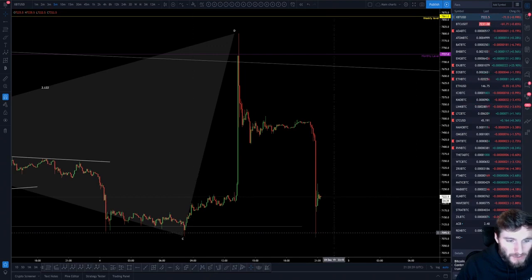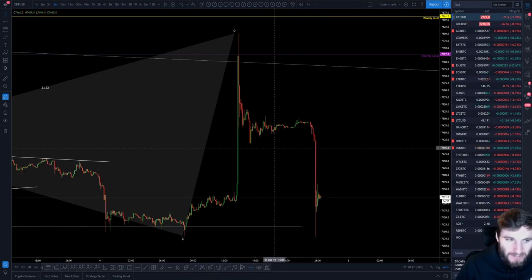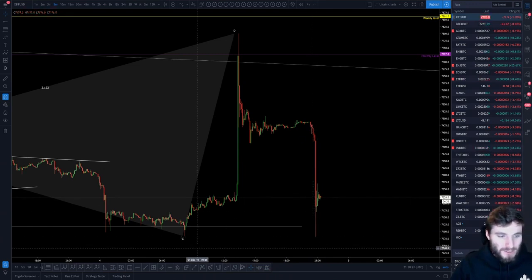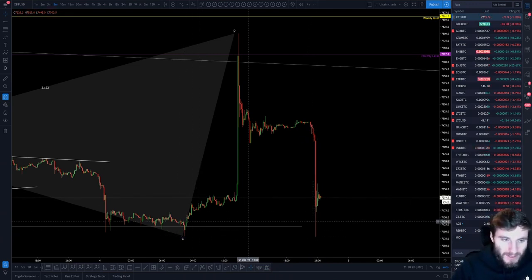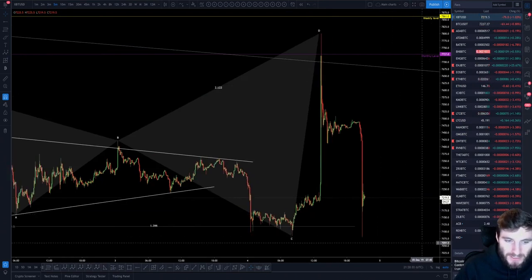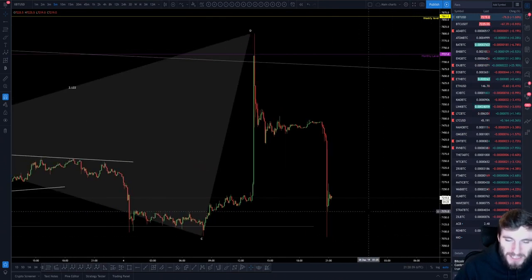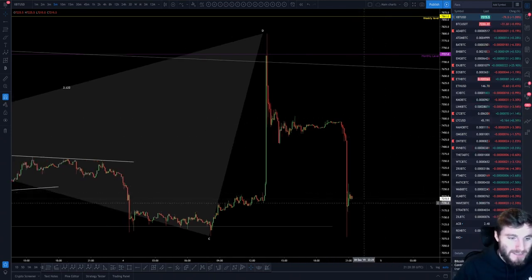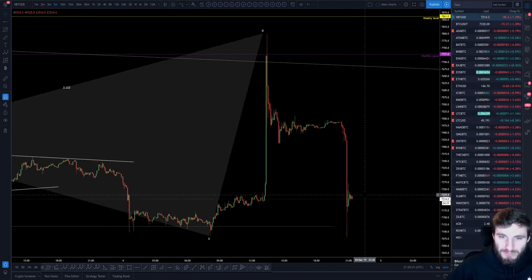Obviously, taking out the lows is a really big red herring for me as a trader. You've just wiped out all the stops, and you just have to remember that. But there's much more liquidity to the downside, so you've got to imagine it's going down from here. But I'll happily wait till daily close. I'll head short from here.